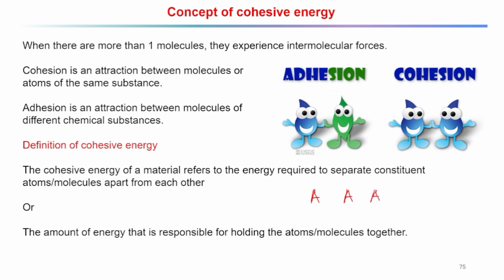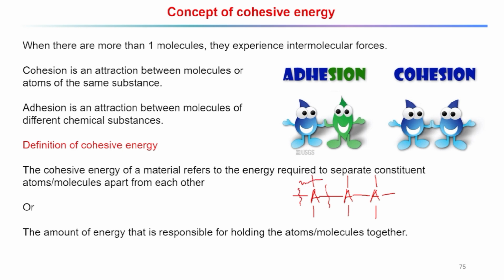These atoms are bound to each other by these bonds, and you might think that these bonds are in all four directions. Now if you want to take out one atom from this, you have to supply some amount of energy, and by supplying energy you can break these bonds, this one or this one.